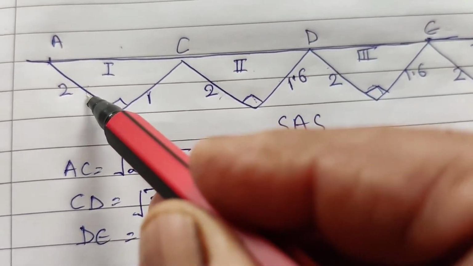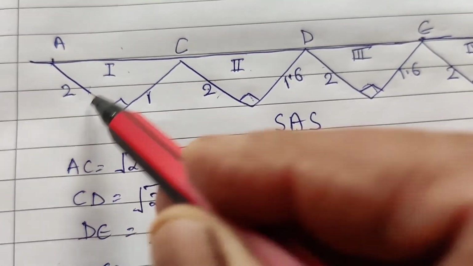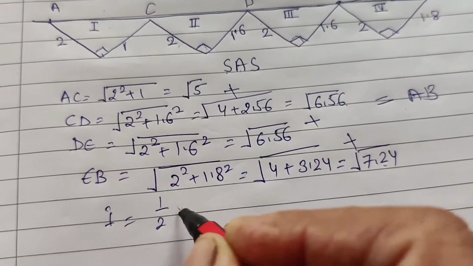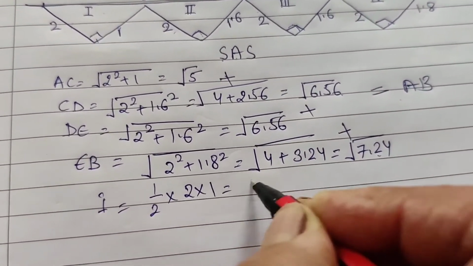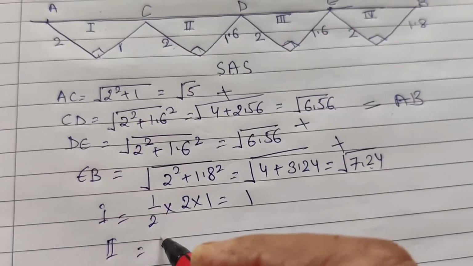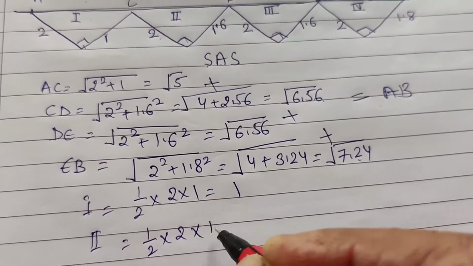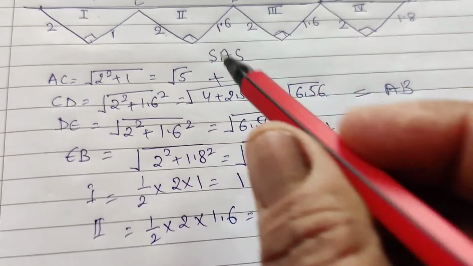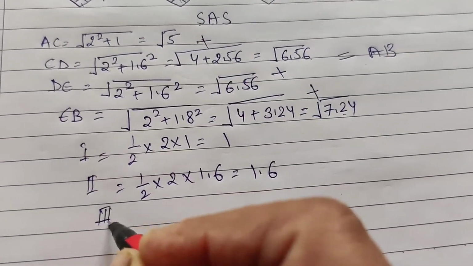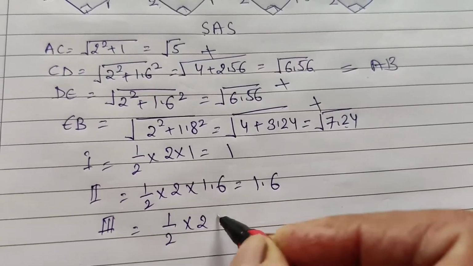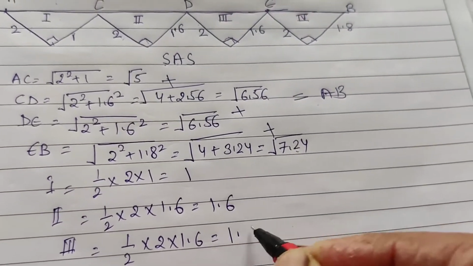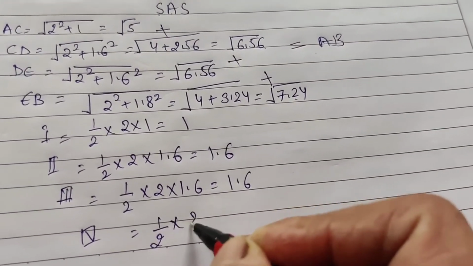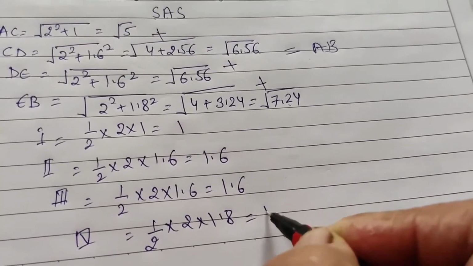It means the area of the first staircase is 1/2 into 2 into 1, which is 1. The second staircase is 1/2 into 2 into 1.6, which is 1.6. Similarly the third is 1/2 into 2 into 1.6, also 1.6. And last, the fourth is 1/2 into 2 into 1.8, which is 1.8.